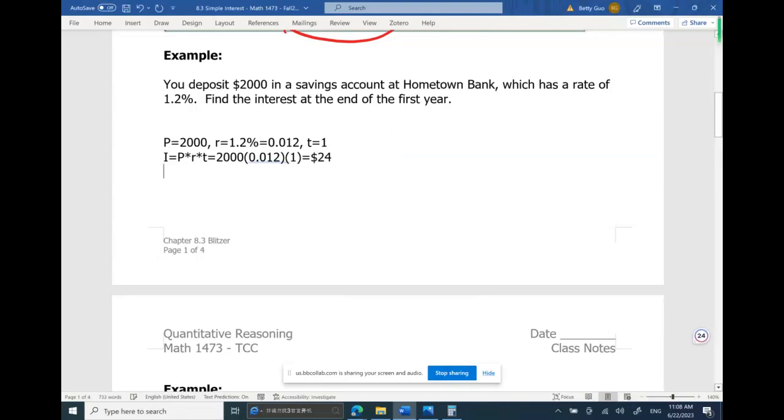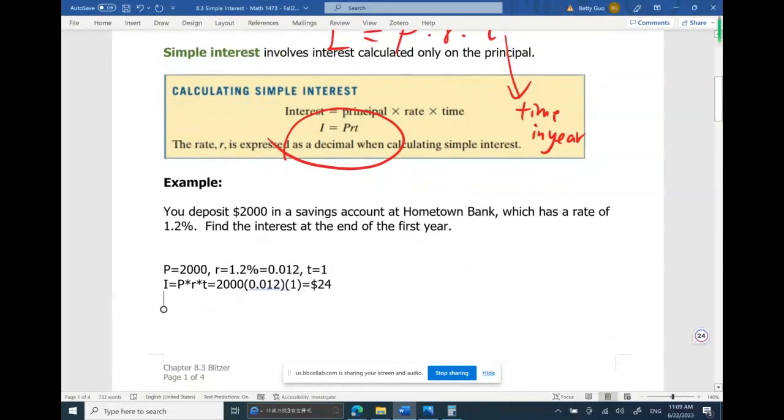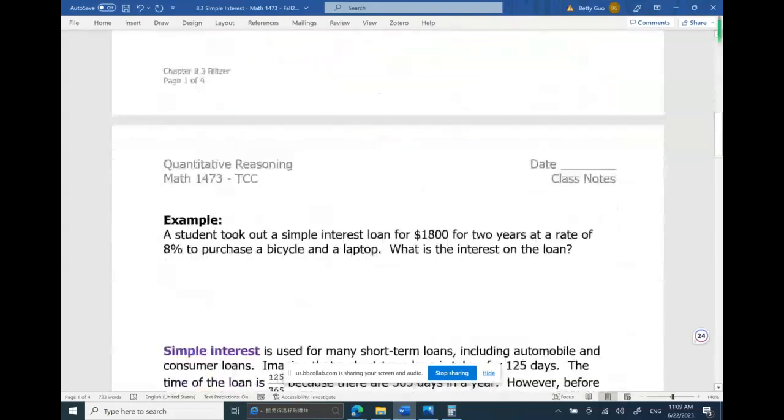So the interest at the end of the first year is $24. We used the simple interest formula and found the interest amount for 1 year by the end of the first year. So that's the first example.